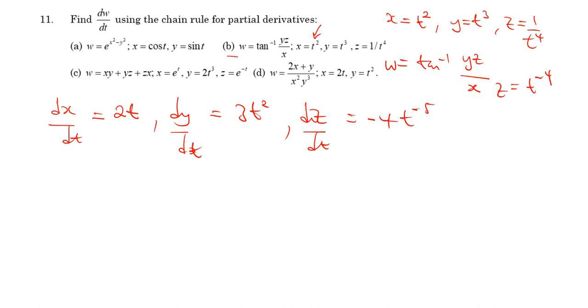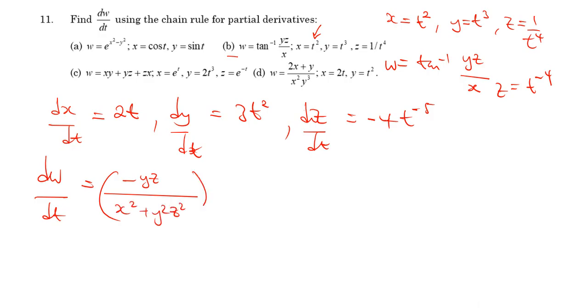The rest here is just a plug and chug game, because you're just going to say dw/dt is equal to the partial of w with respect to x, which we found earlier was negative yz over x squared plus y squared plus z squared, multiplied by dx/dt, which is 2t.